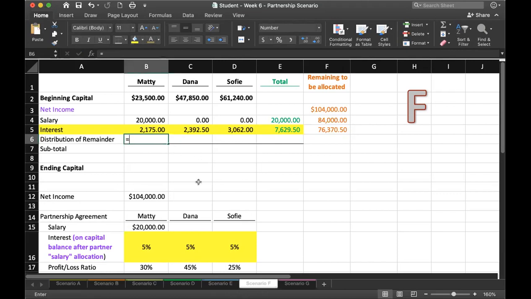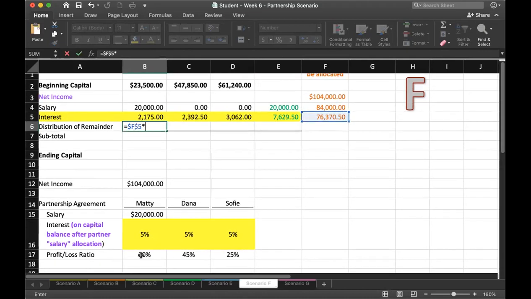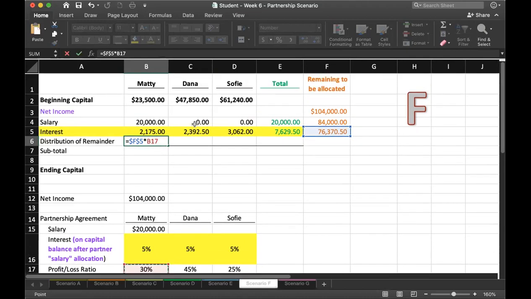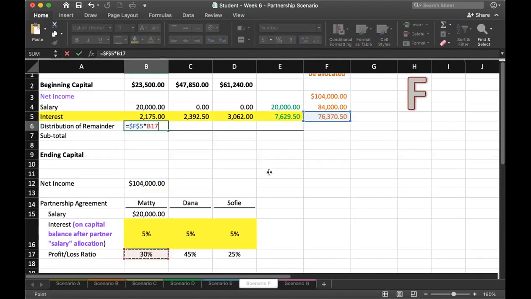So now the remainder, $76,370.50, I want to tack that down and then multiply it by their profit and loss ratio, which in this case is 30% for Maddie, 45 for Dana, and 25 for Sophie.